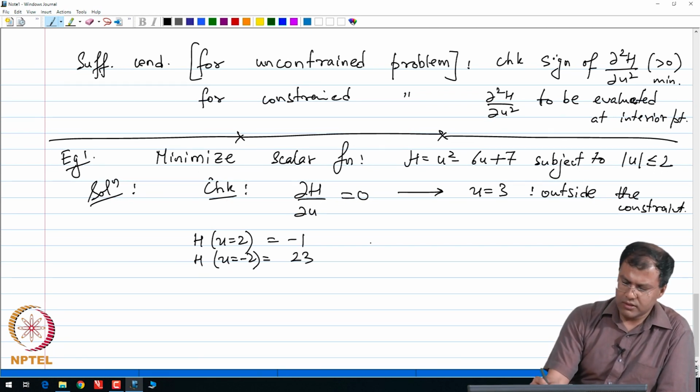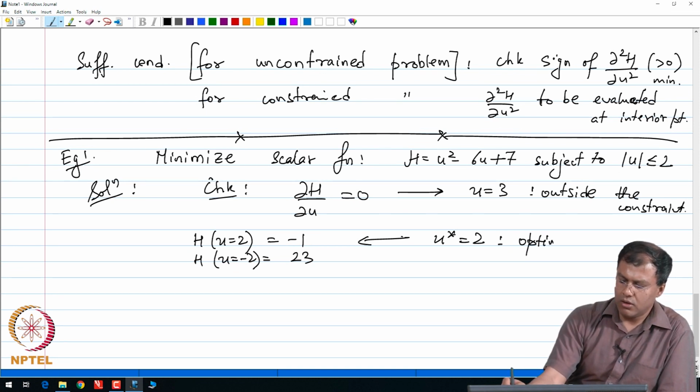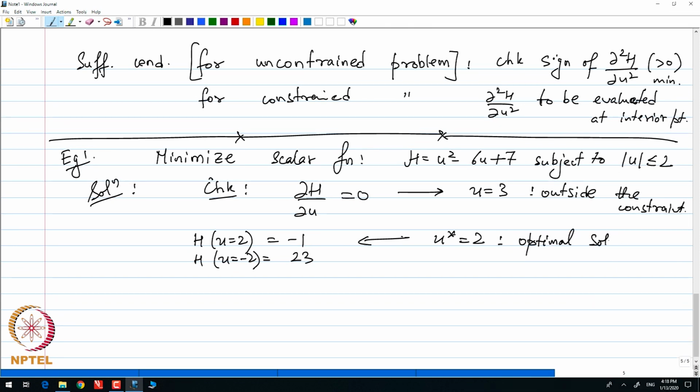So, of course, I see that u star is equal to 2 is my optimal solution, right. So, certainly we will not get the derivative equal to 0 at u star 2, but it gives my Hamiltonian the minimum value. Okay. So, optimal for the constraint problem.